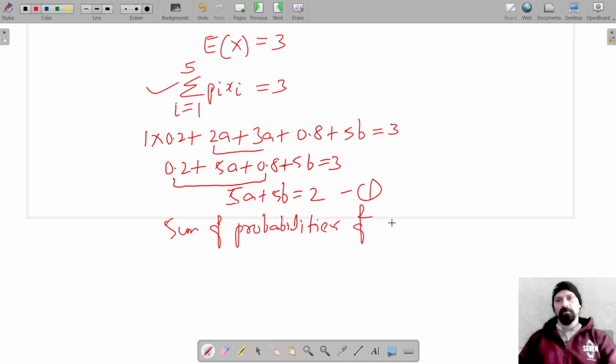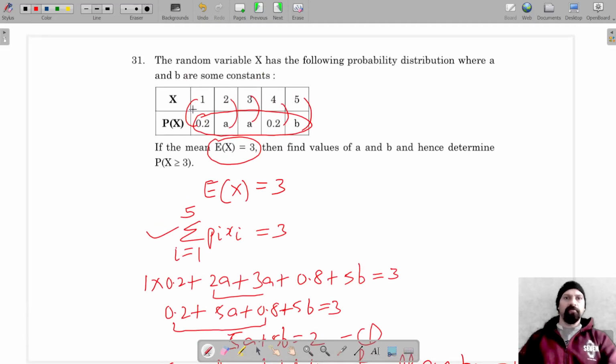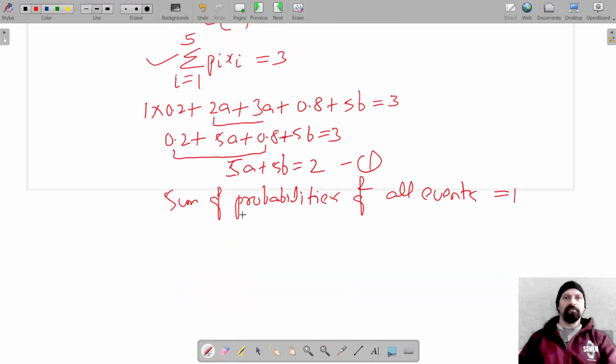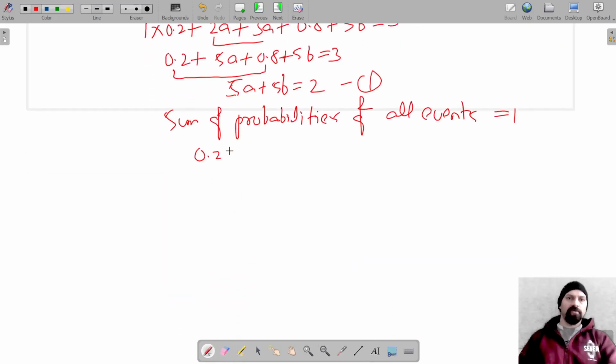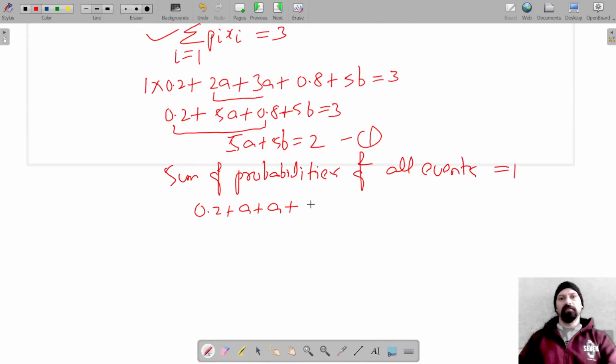That means the probability of x equal to 1, and so on. These are the probabilities. Let's add them. So 0.2 plus a plus 0.2 plus b should be equal to 1. So 0.2 plus 0.2 is 0.4, and a plus a is 2a, so this is 2a plus b, and 1 minus 0.4 is 0.6. So this is our second equation.